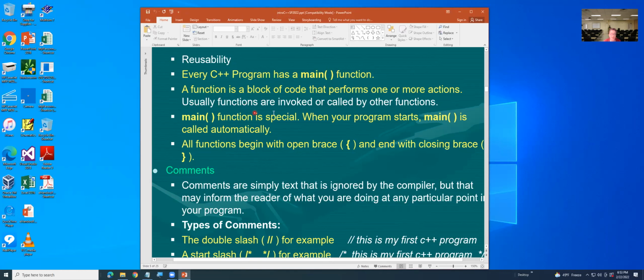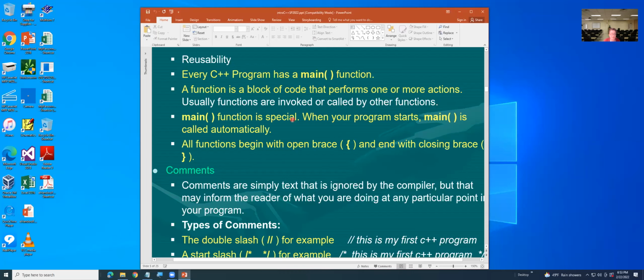Usually, functions are invoked or called by other functions. Basically, you have a big program, but inside it has many functions. When you need a particular function, you call that function, like deposit, withdraw, transfer, whatever. Each one is a function, depending on what you need.